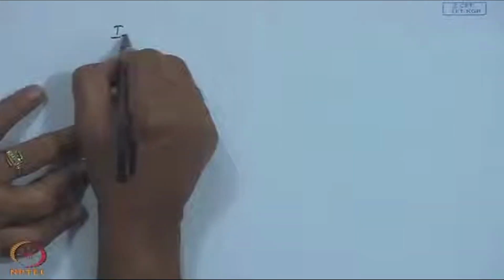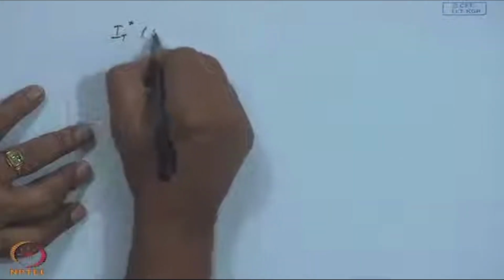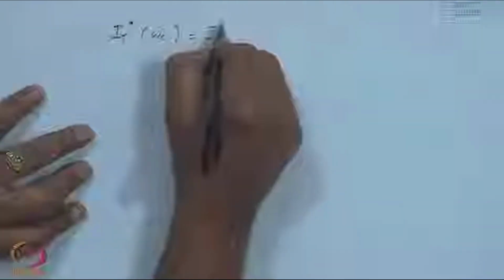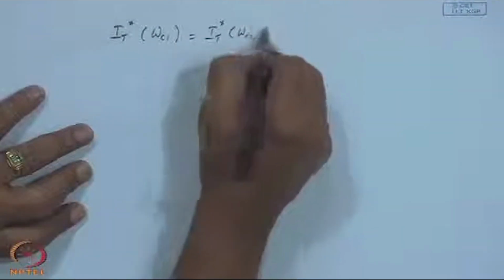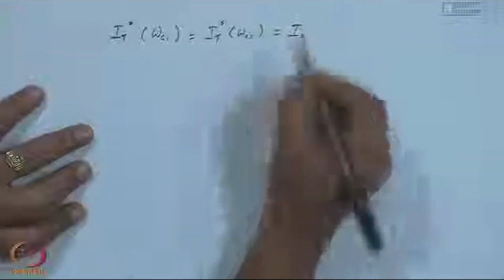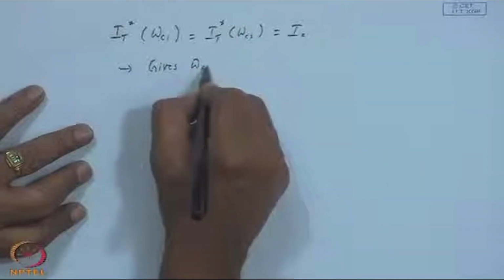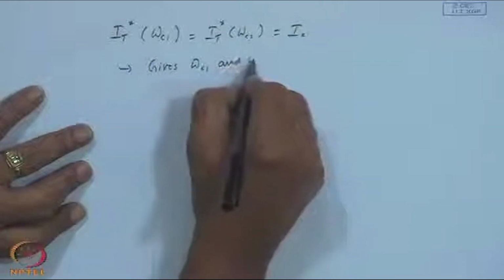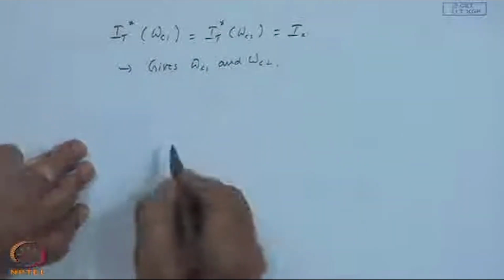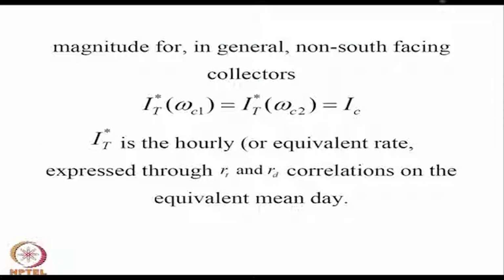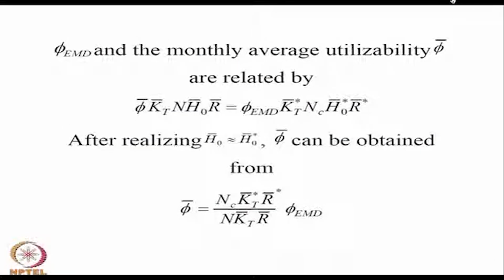So, IT star at omega C1 equal to IT star at omega C2 equal to IC gives omega C1 and omega C2. That can be expressed in terms of RT and RD correlation, there is no problem.